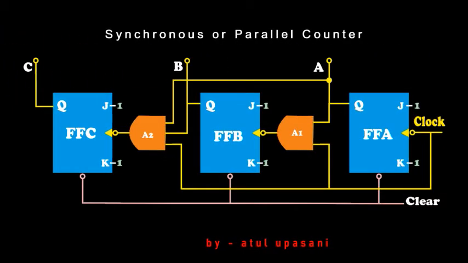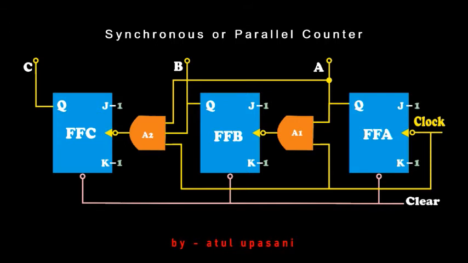To avoid this, the synchronous counter is designed in such a way that all the flip-flops can change their state simultaneously when required. So every flip-flop is triggered by the clock pulse in synchronism. That is why it is also called a parallel counter.